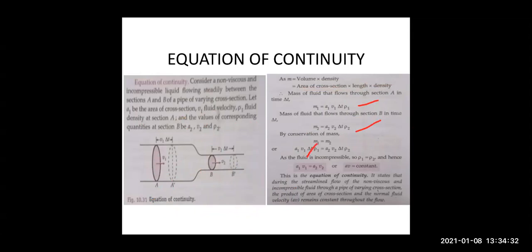And as rho 1 and rho 2 are the same because the fluid is incompressible, they also cancel, and we get A1 V1 equals A2 V2. It means the product of A into V is constant, that is, the area of cross section and the velocity of the fluid remain constant throughout the flow.